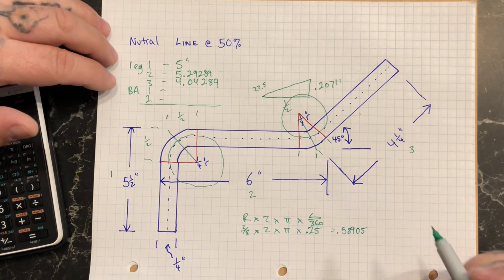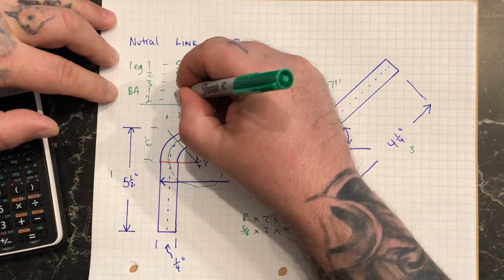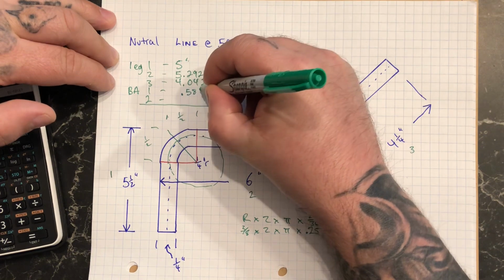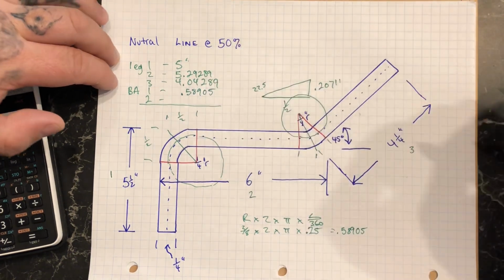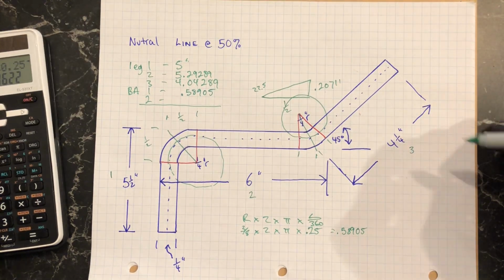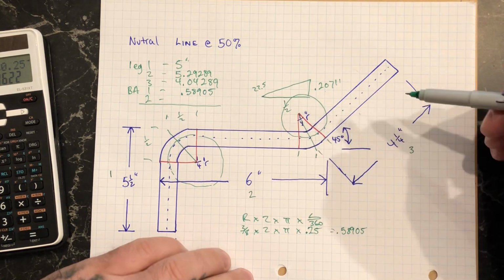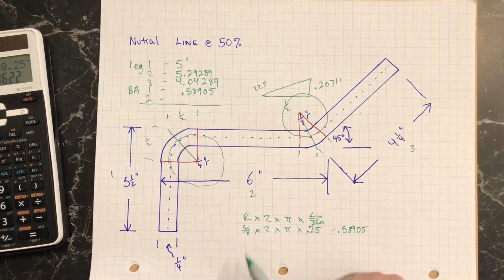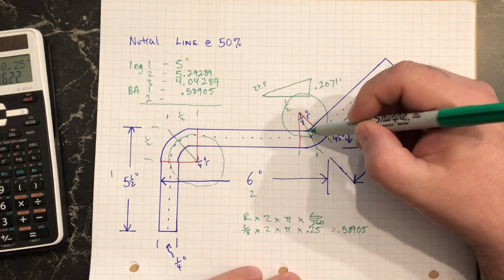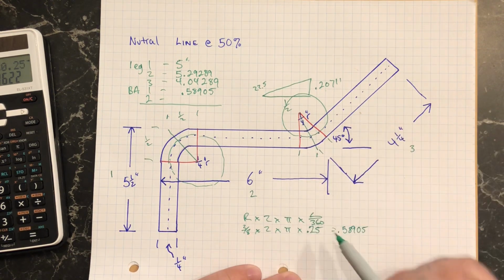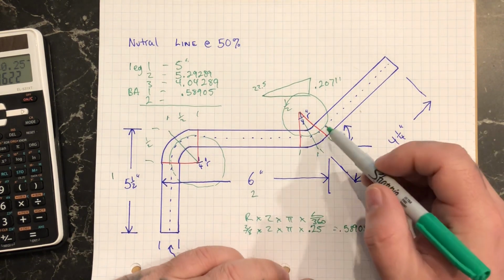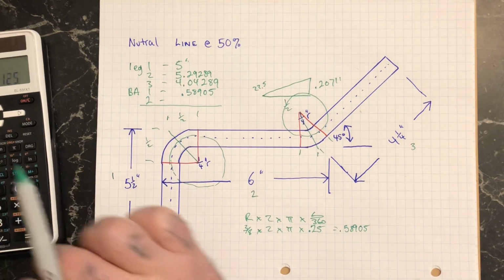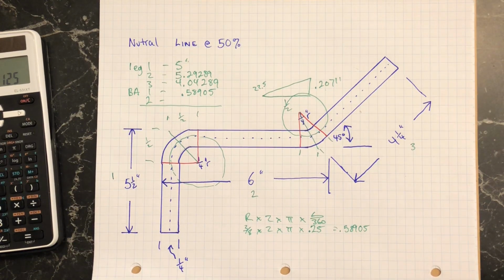The decimal goes on longer. I'm just going to round it off. So this one here is going to be 0.58905. Calculating this bend allowance now, it's a 45-degree angle. So it's the same formula, and everything's pretty much exactly the same other than the angle over 360. This time we have 45, so 45 divided by 360 equals 0.125.